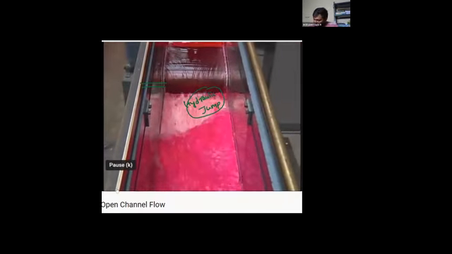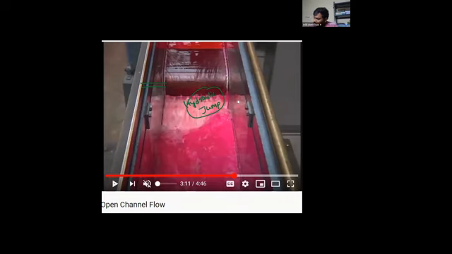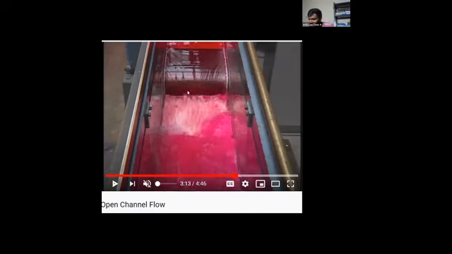You observe, please, when you open the gate. I hope you can see this now. Please have a look at what is happening over here. This is the opening of a gate, and on the downstream side, this is nothing but a hydraulic jump.